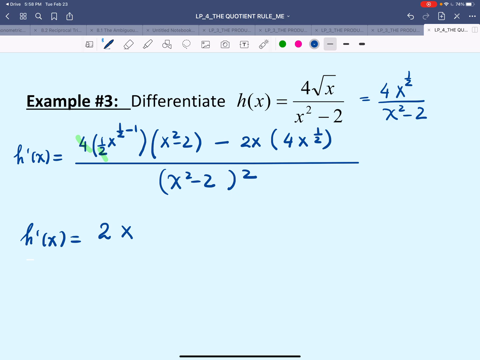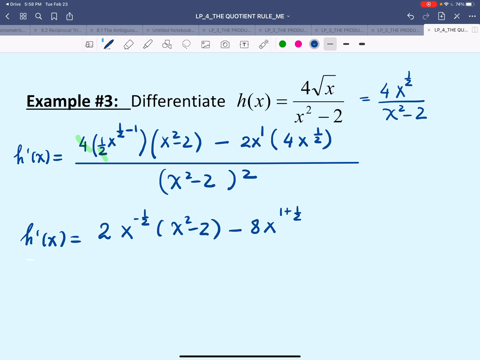X will be to the power 1/2 minus 1, that's negative half, times x squared minus 2, and then minus, we have 8, and then we have x to the power of 1 times x to the power of half. So that would be x to the power of 1 plus a half, right?